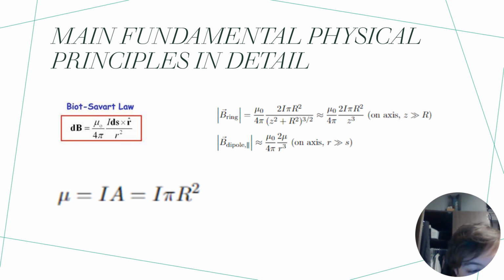And then under that we got mu is equal to IA, which is also equal to I pi r squared, obviously. And then we got B ring and B dipole over there, and they're just derivatives of these other two. They give you the magnetic fields of a ring and of a dipole, which in this case is a magnet.